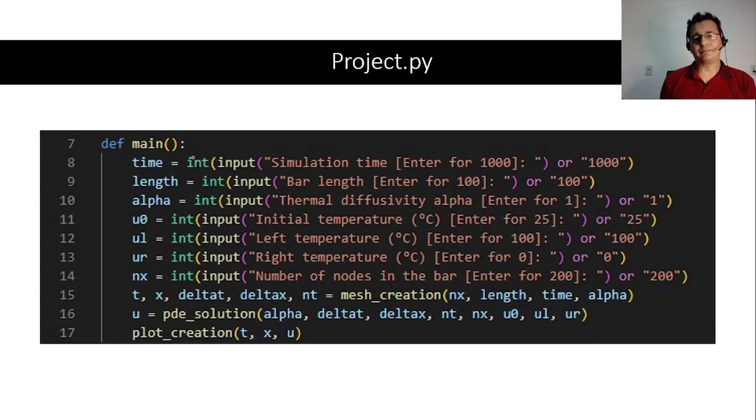Here we have main, where we have some input to the user, so that if the user prefers, he can hit enter just to get the default value and get the solution of his problem. After, we call the three functions that this project asks for us. Mesh creation is my first function, PDE solution is my second function, and plot creation is my third function.